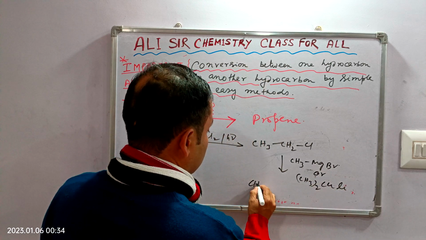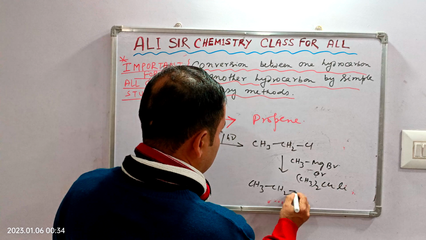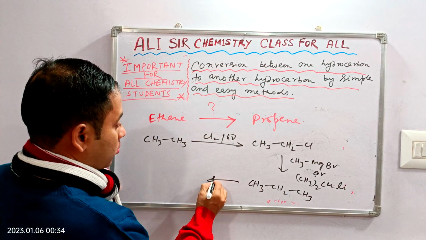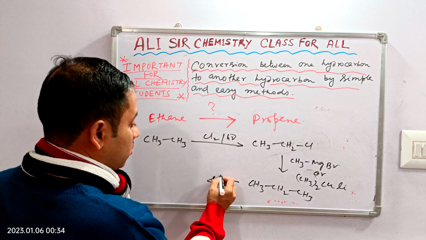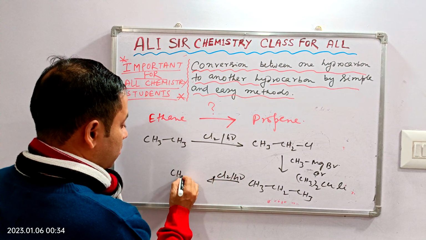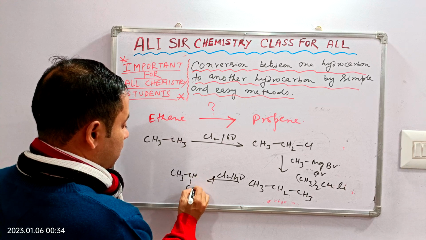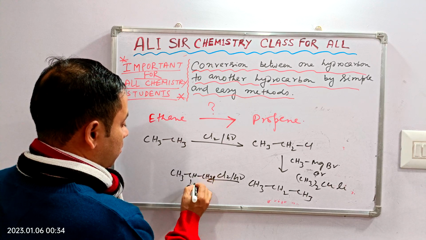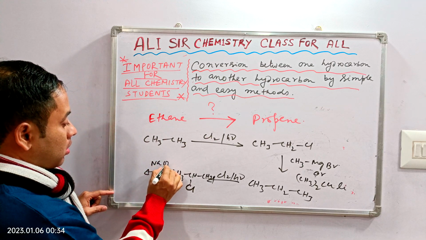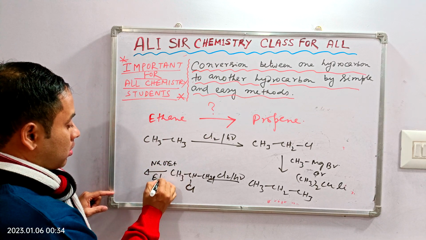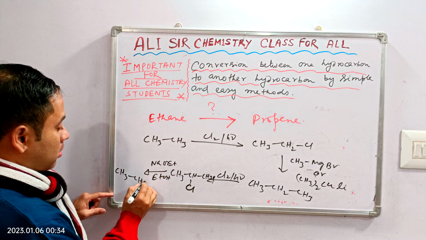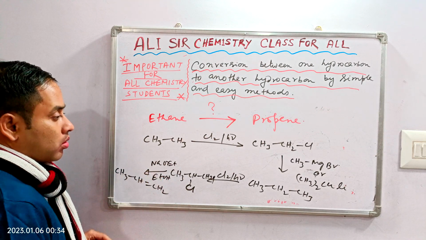What will we get? Propane. Okay. Now from propane to propene, you use Cl2, HNu, CH3 CH Cl CH3. We will get this product as a major product, and then an elimination reaction, NaOH, ethanol, will give CH3, CH double bond, CH2.